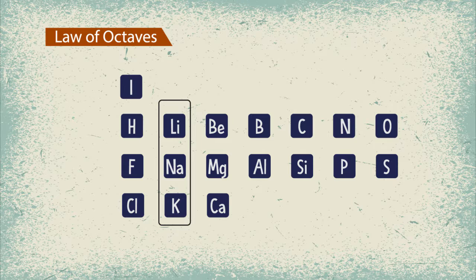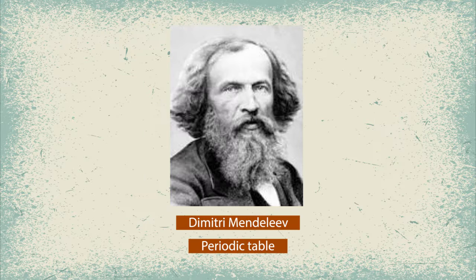This law of octaves was studied deeply by another scientist called Dmitri Mendeleev. He was convinced that elements can be classified on the basis of mass and there is a repetition of chemical properties after some interval. Newland stated every eighth element is a repetition.